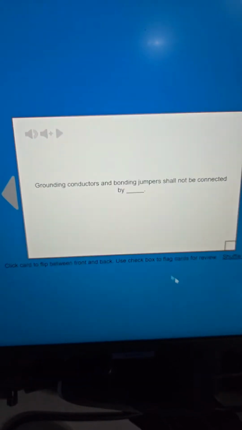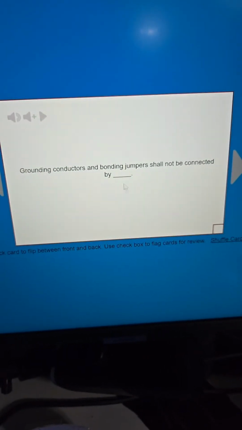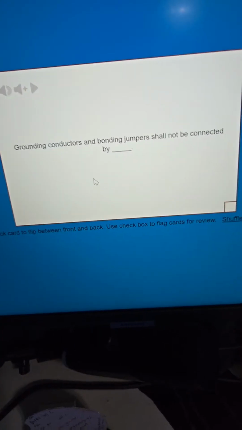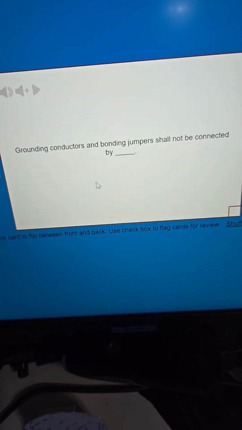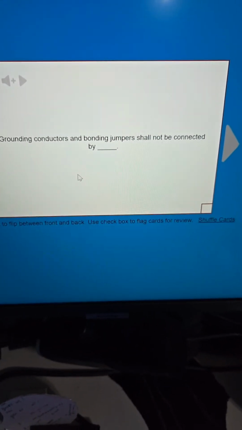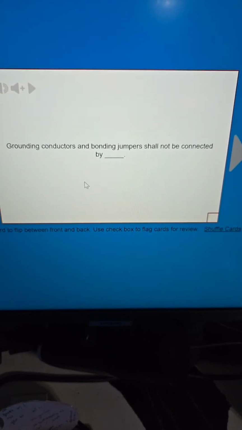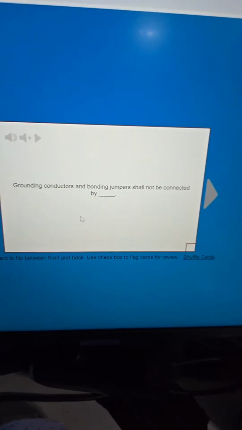Next. Grounding conductors and bonding jumpers shall not be connected by... by what? That is so vague. 100 questions, you're given 4 hours. I was done with all my tests in 45 minutes, so we're just doing 20 minutes.